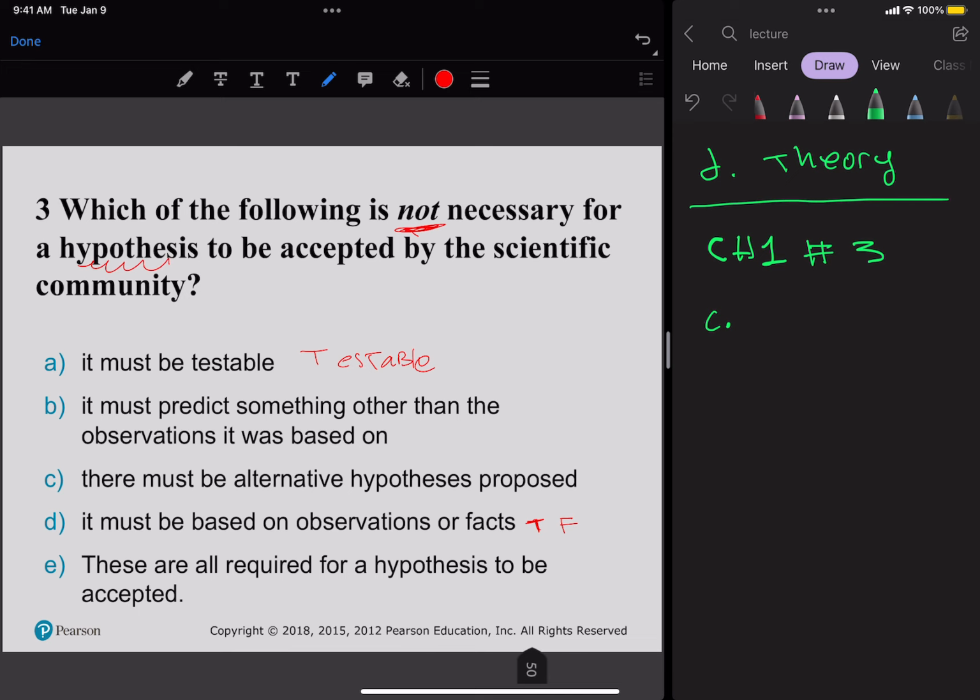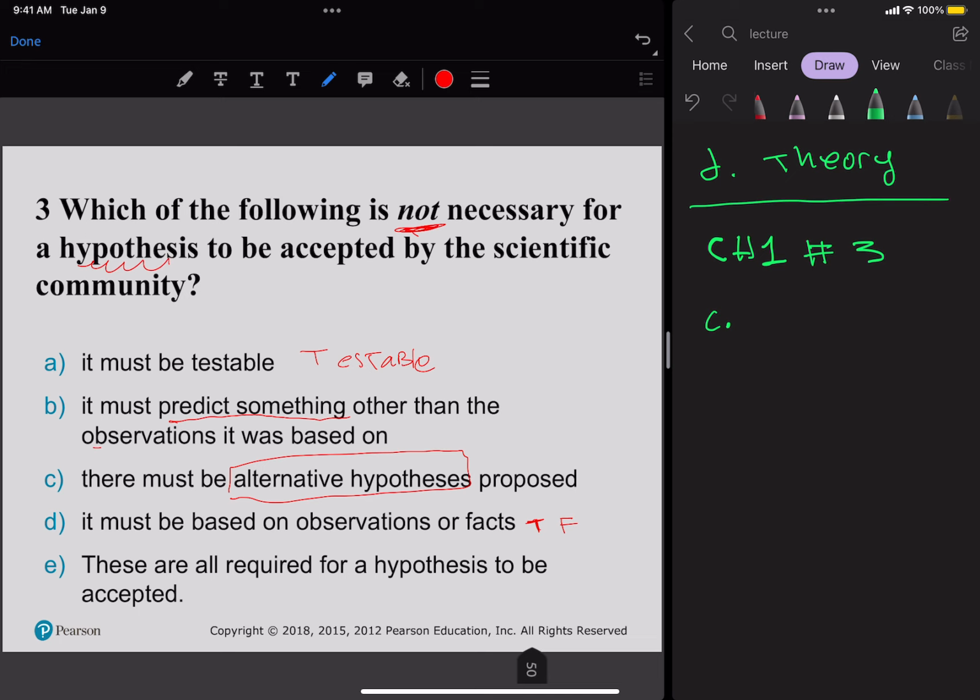It has to also make predictions about the future, but predictions that the scientists at first did not expect. So you have to be able to make predictions about the future. But the one that's not required is that there doesn't need to be an alternative hypothesis.